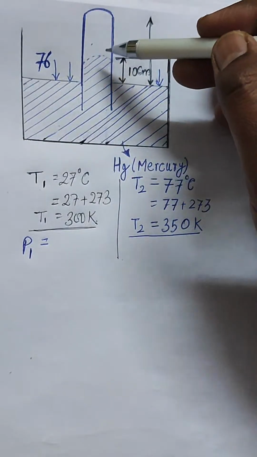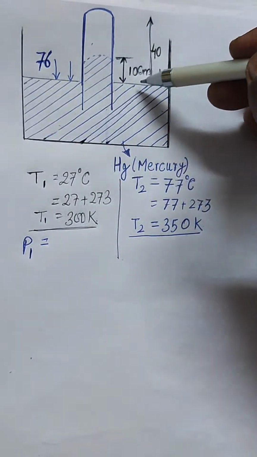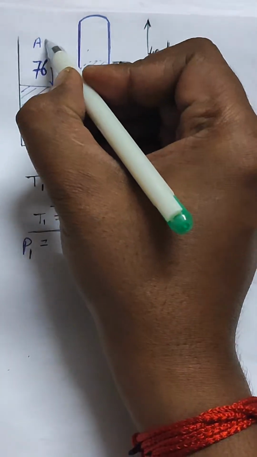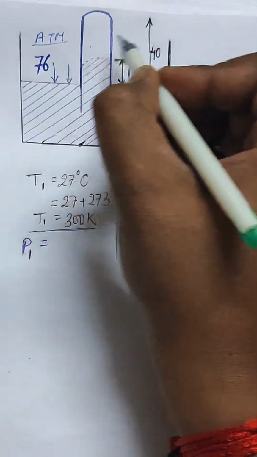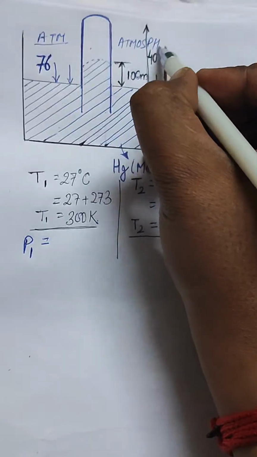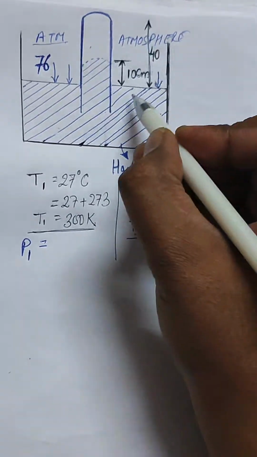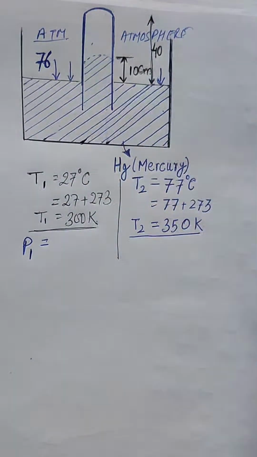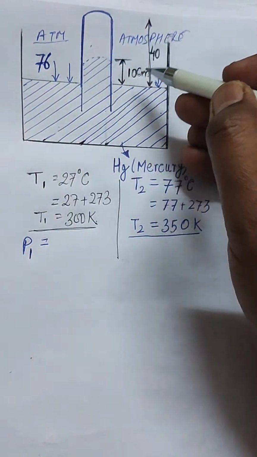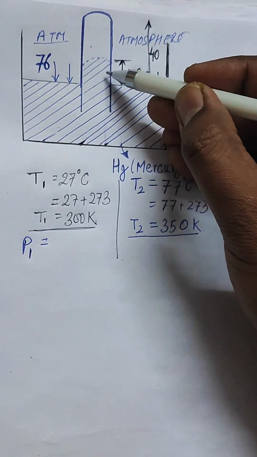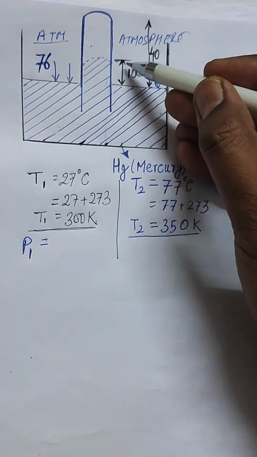Because except this tube, all the mercury is in contact with the atmosphere. This is the outside atmosphere. So definitely 76 of pressure will be applied over here. Now inside the tube you can see the level of mercury has risen by 10 centimeter.